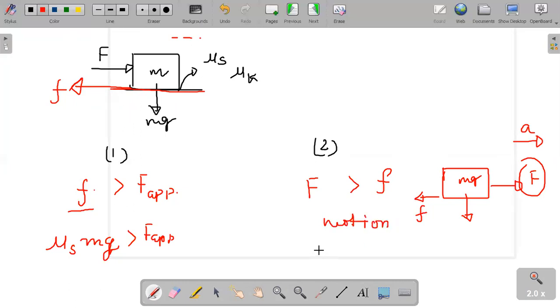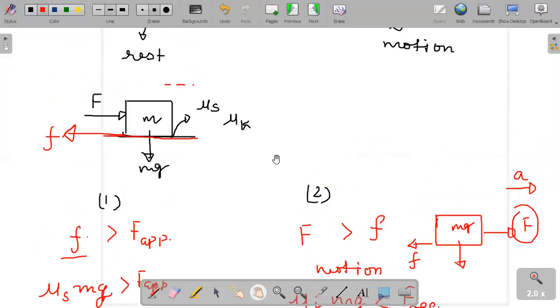Motion में. So in this case, mu k will be applied, means kinetic friction. Mu k mg is less than F. This is the condition.